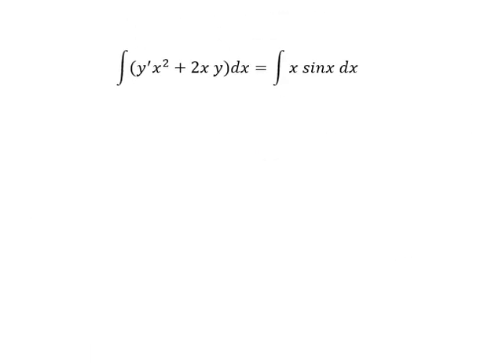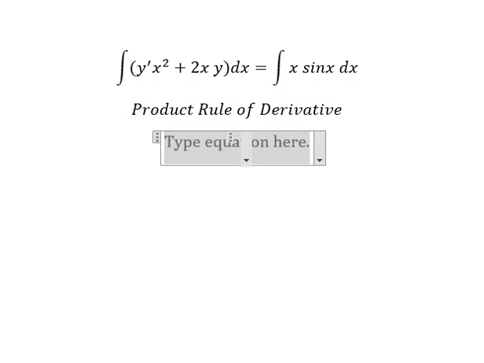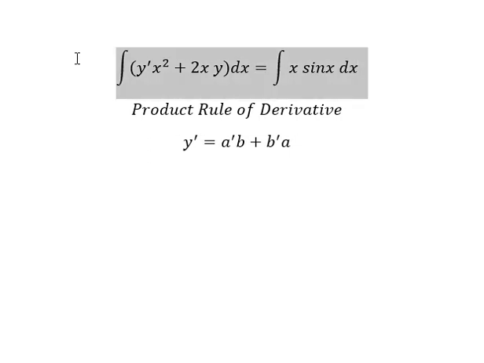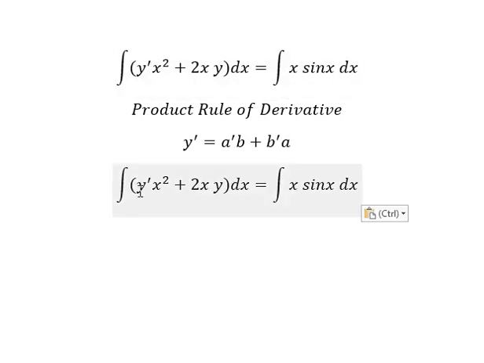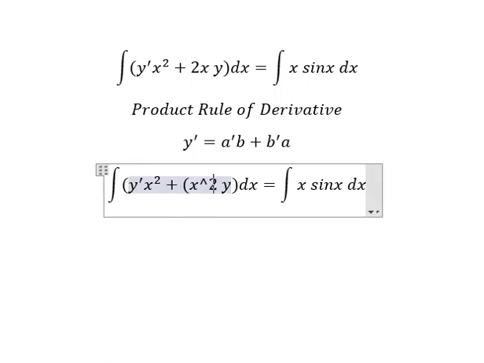Now, we can use the product rule of derivative. So we have the first derivative of y equals the first derivative of a multiplied by b, plus the first derivative of b multiplied by a.